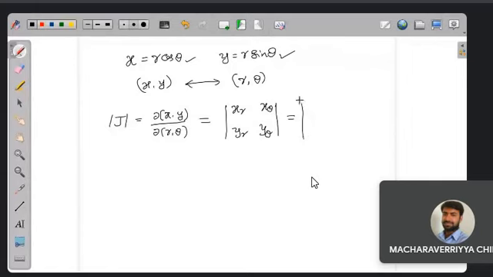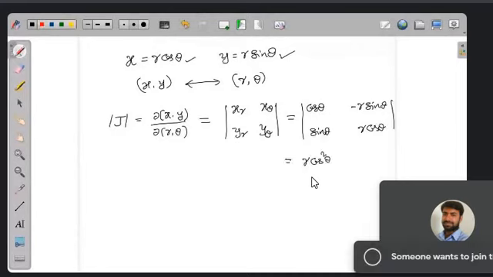Derivative of x with respect to r is cos theta, and with respect to theta is minus r sine theta, and this is sine theta, and this is r cos theta. All right. So now its determinant is nothing but r cos square theta plus r sine square theta, and you can see this is r.